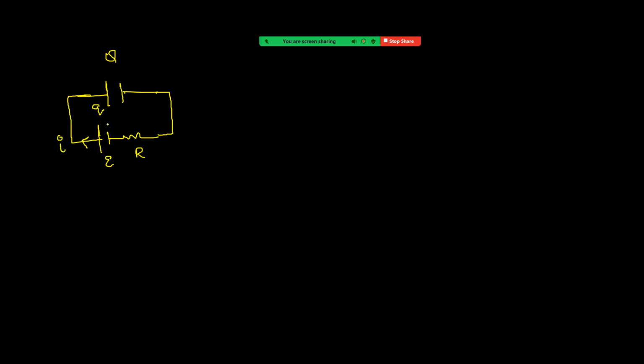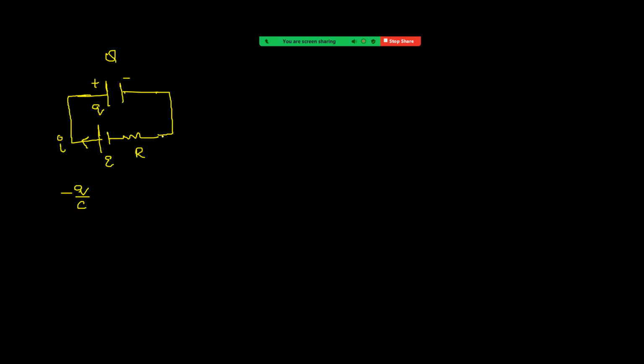Let us see the equation now. So take this as positive and this as negative. Let us take now Kirchhoff's second law, clockwise. Then we can write high potential to low potential, that is minus q by C, right? High potential to low potential.